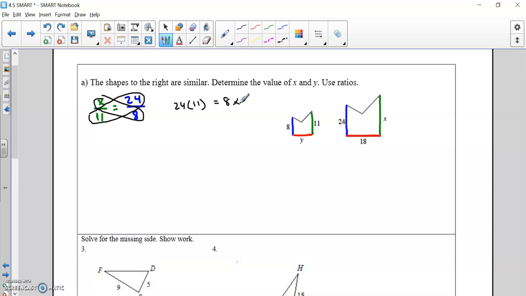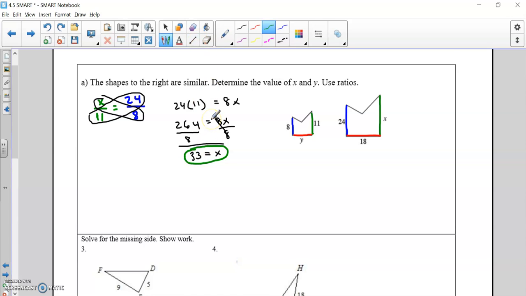Now 24 times 11 is going to equal 264. And then we divide both sides by 8 to get a final answer of 33. So our missing side for x is going to be 33. It's kind of a bad circle.